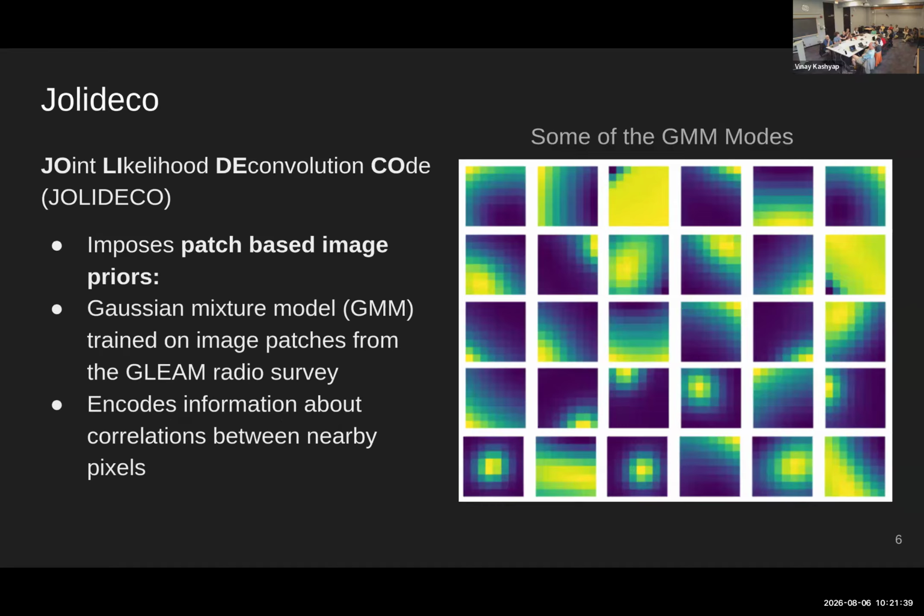And so we use, for the statistics people, a Gaussian mixture model, which has been trained on some of the images from the Gleam radio survey, split up into patches, and then you train your Gaussian mixture model to try to find the primary components that make up those patches. And this is some of those modes to the right.